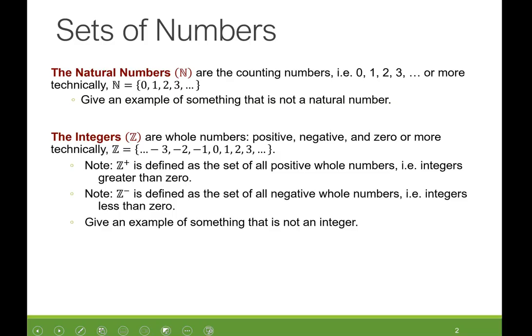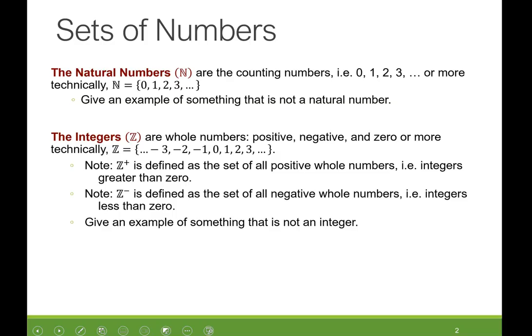These symbols, this symbol N for the natural numbers, or for the integers, that symbol Z, are important. You should recognize those. They'll appear in instructions, on assignments, or in the tests, and it's a given that we're hoping you remember what these symbols are.